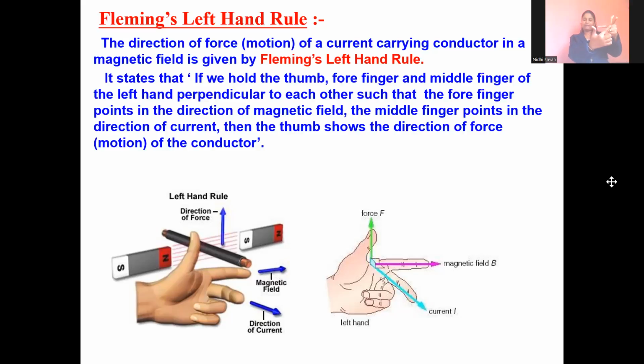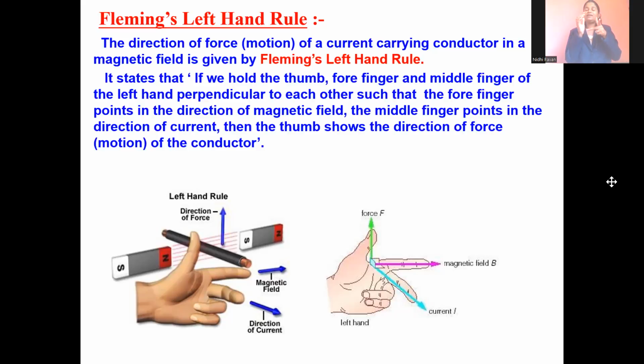So Fleming's left hand rule. When you hold your thumb, forefinger, and middle finger perpendicular to each other, the forefinger points in the direction of the magnetic field, the middle finger points in the direction of the current, and the thumb shows the direction of force or motion.